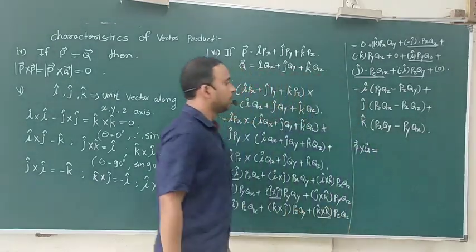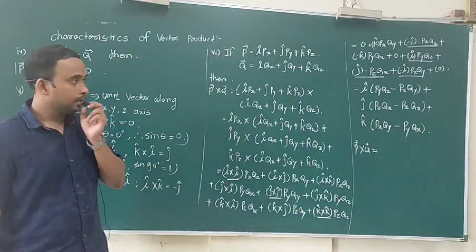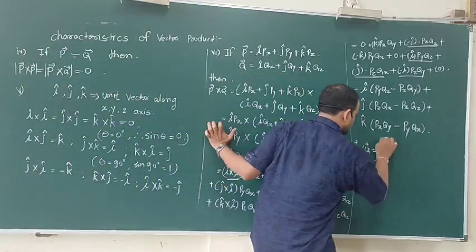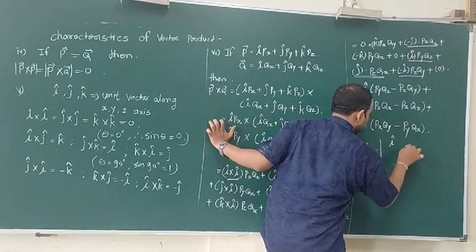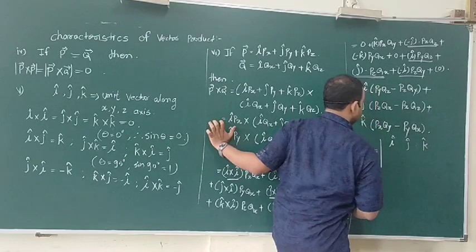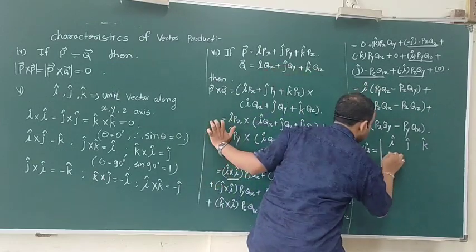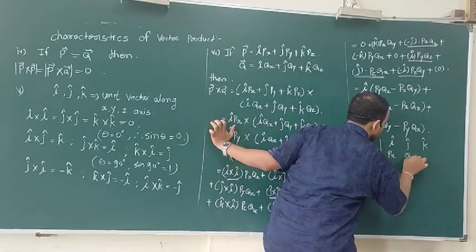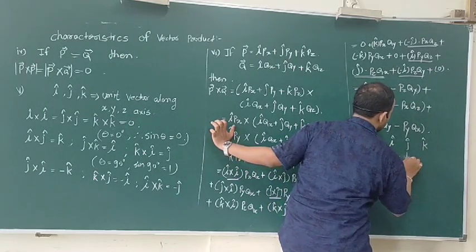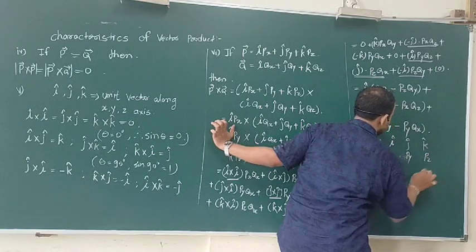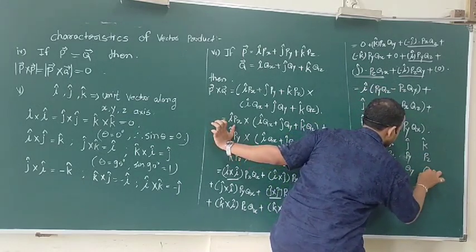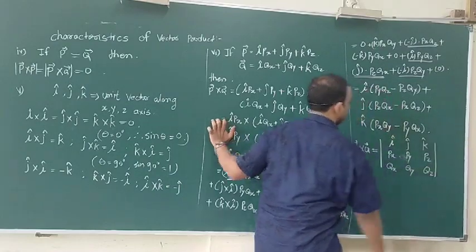p bar cross q bar also can be calculated by using determinant, that is here i cap, j cap and k cap. So here px, py, pz and qx, qy and qz.